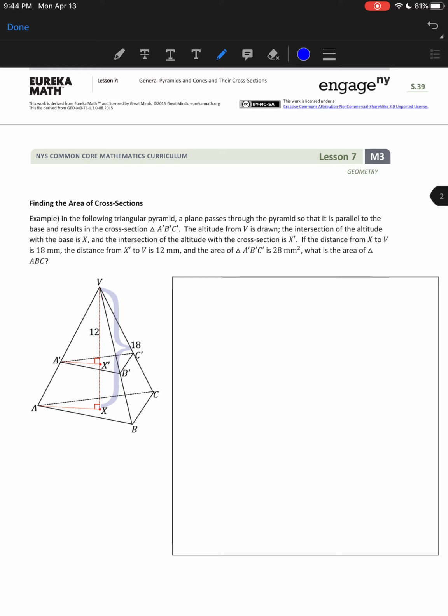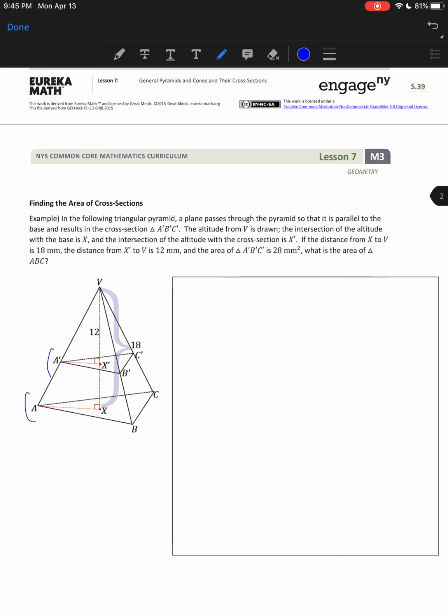So you can almost imagine a plane intersecting this pyramid, and you end up with this little shape right there, that little triangle. And one thing you have to know is that this triangle up here is actually similar to the base.